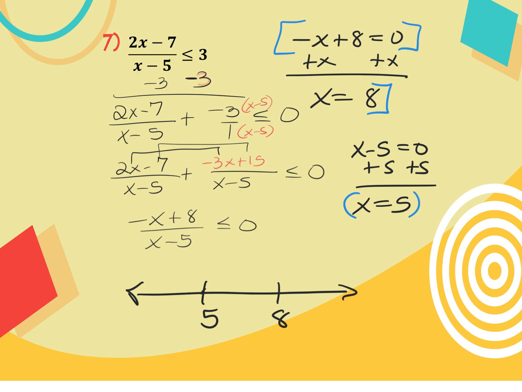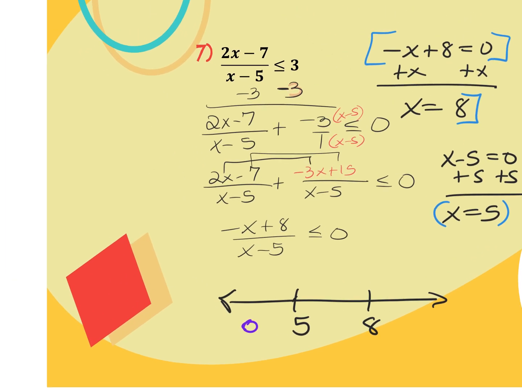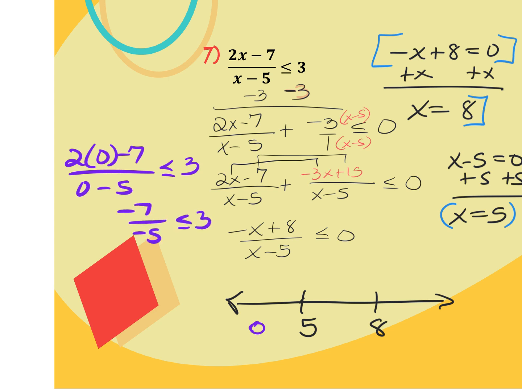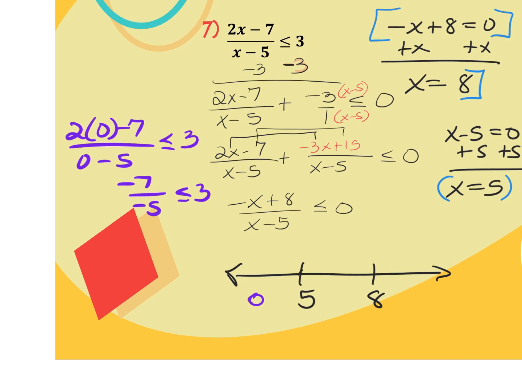Notice that 0 is located over here on the far left. So I'm going to plug it into the original. So 2 times 0 minus 7 over 0 minus 5 less than or equal to 3. This gives me -7 over -5. -7 divided by -5, this becomes +7 over 5.